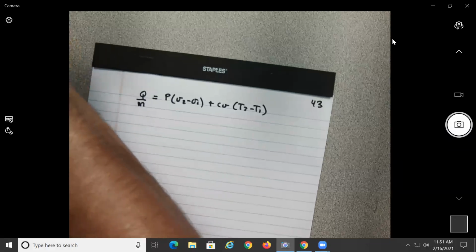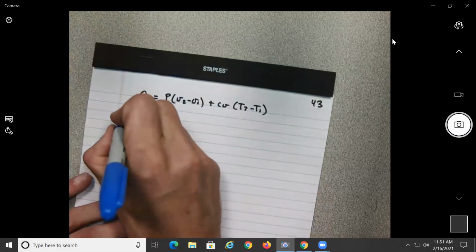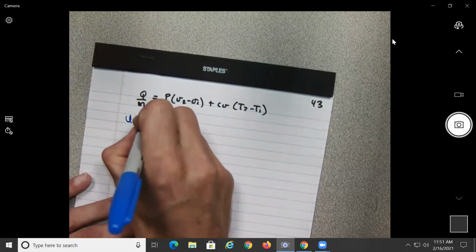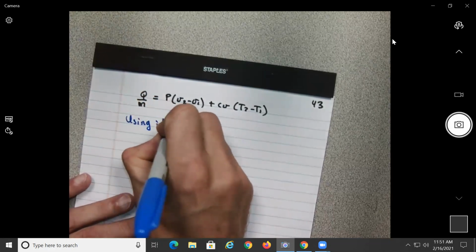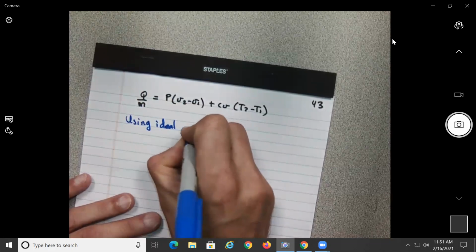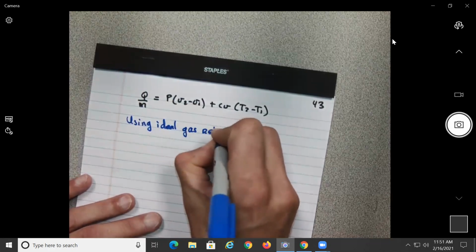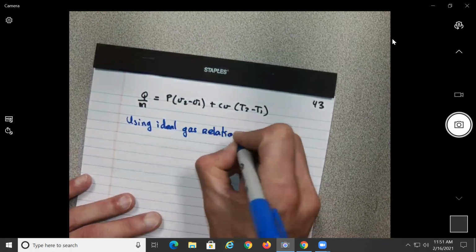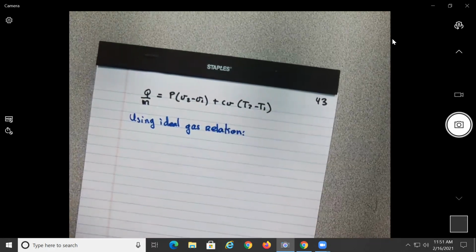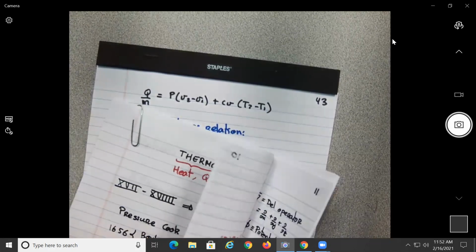But now we can say, using the ideal gas relation, and here I'm going to have to be careful again with the notation, so let's go to page 19 of the notes. Let's see how we define it.